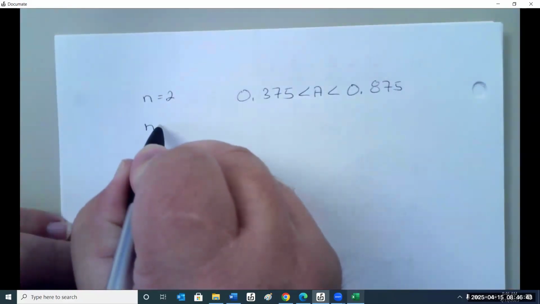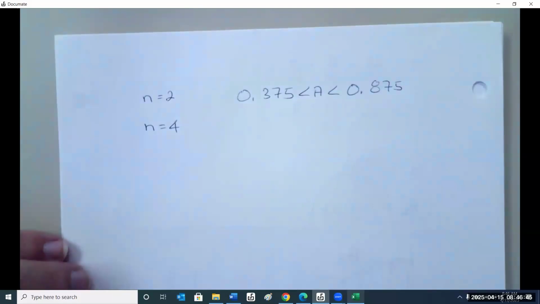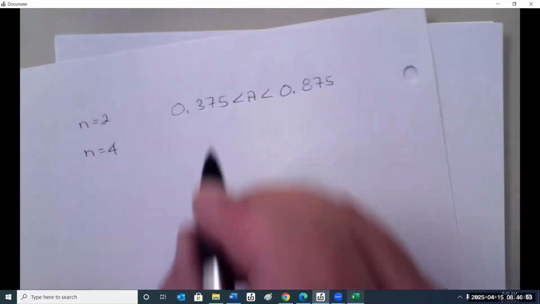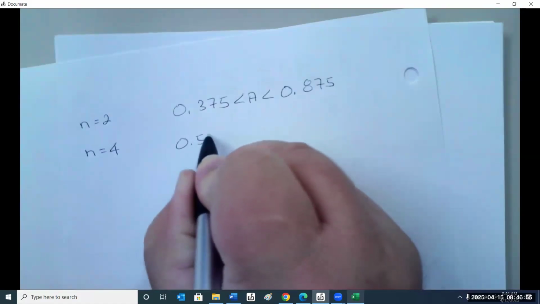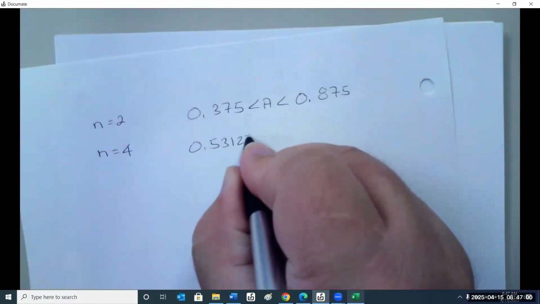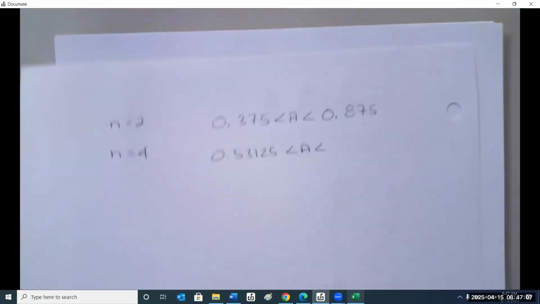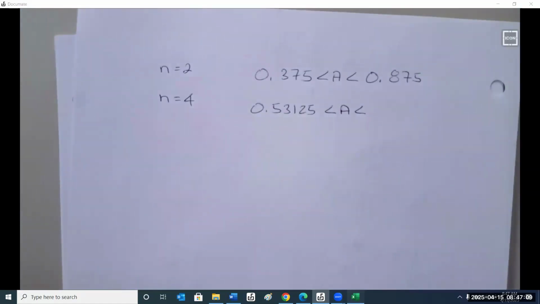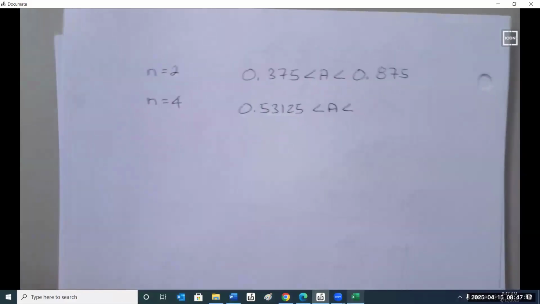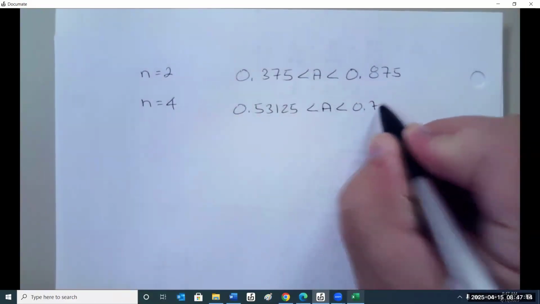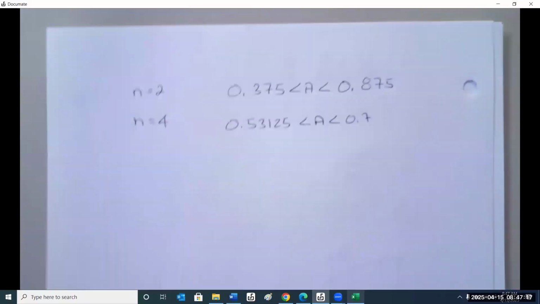Then when we broke it down to 4 segments, we got 0.53125 and 0.78125.